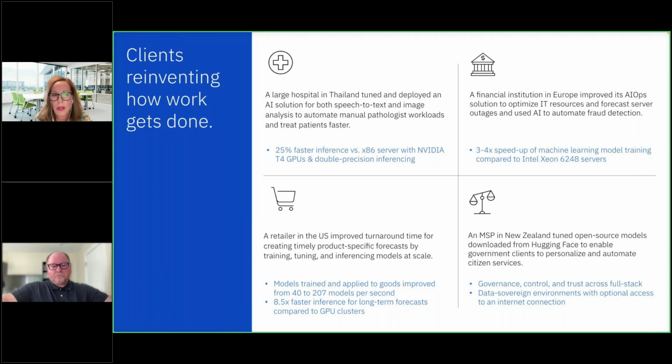Wallaroo is a key part of that, and also very complementary to some of our existing portfolio, like Watson X. So I would say we bring a benefit very much to Wallaroo and its clients. You also bring a big benefit to IBM and its clients.